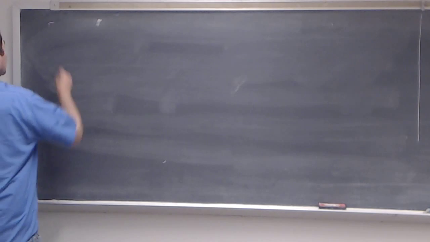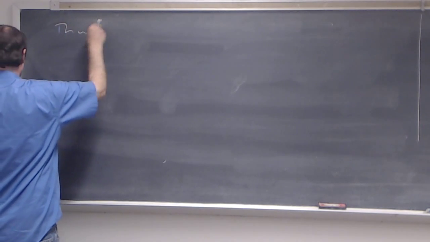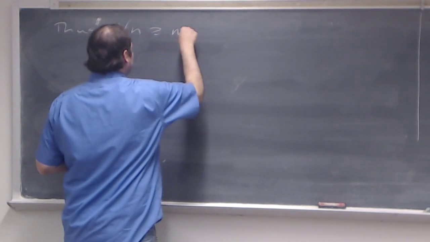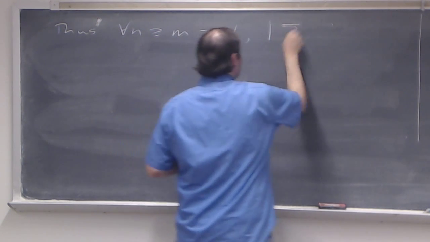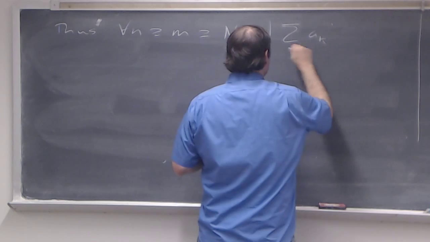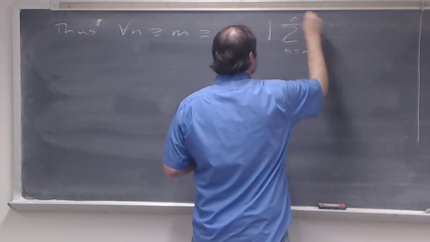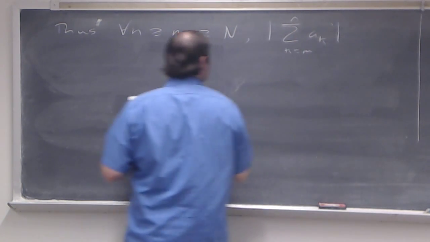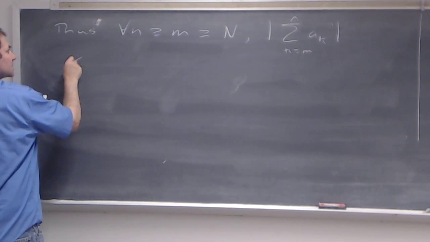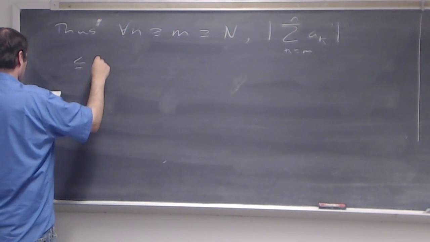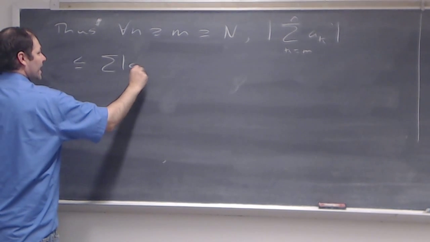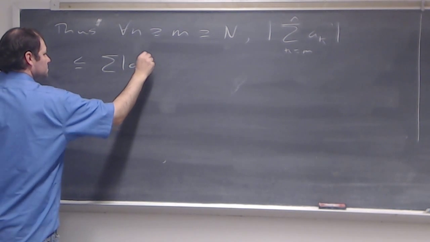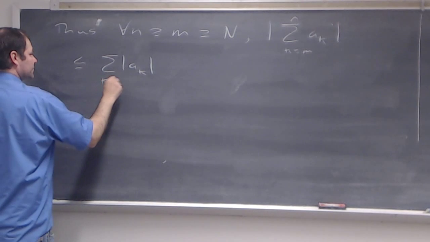Okay. Thus, for all n and m bigger than or equal to this big N, we have that the absolute value of the sum of a sub k, as k runs from m to n, is less than or equal to the sum of the absolute values of a sub k as k runs from m to n.